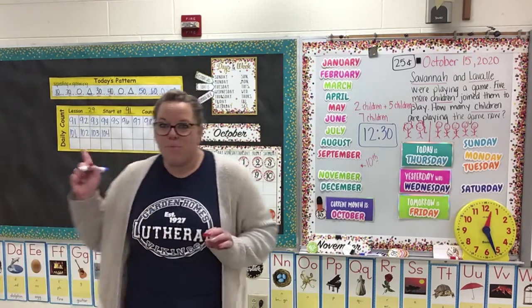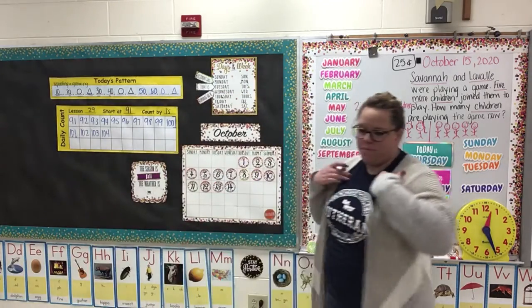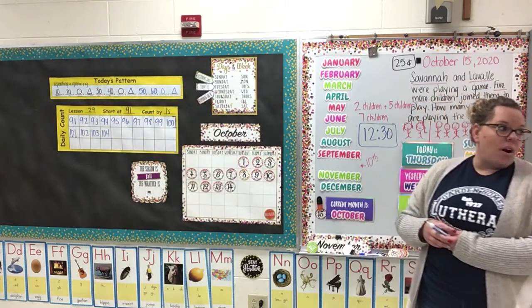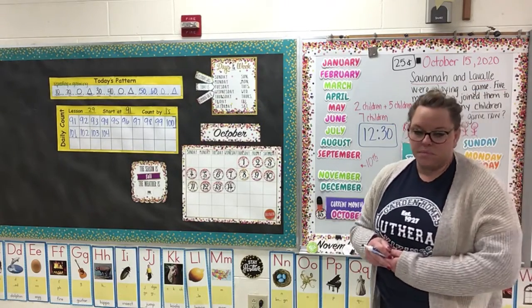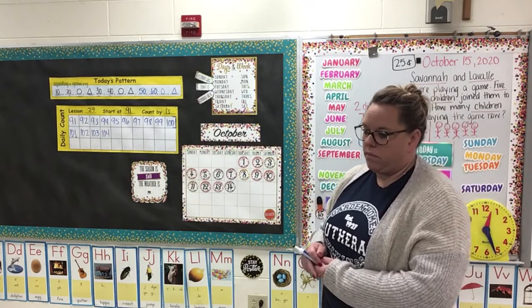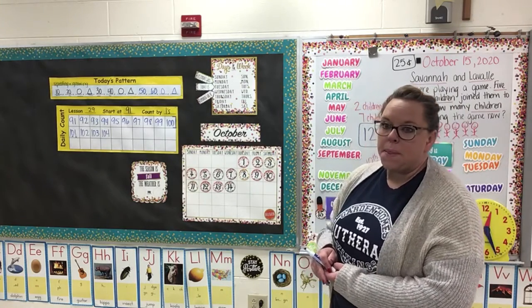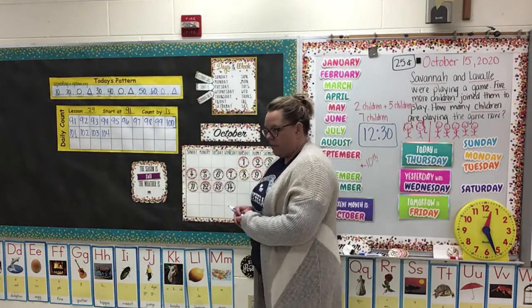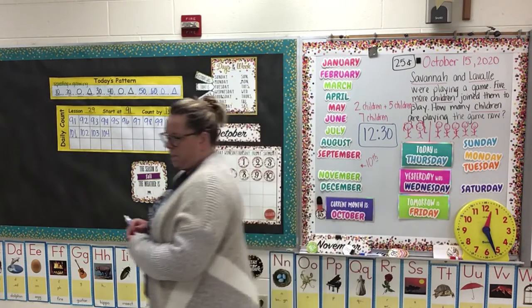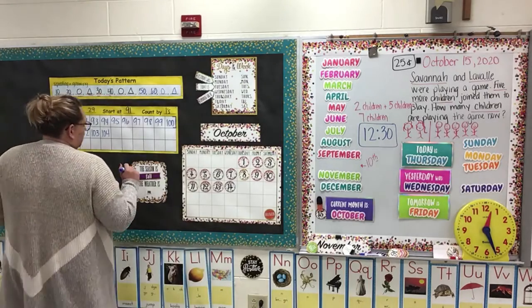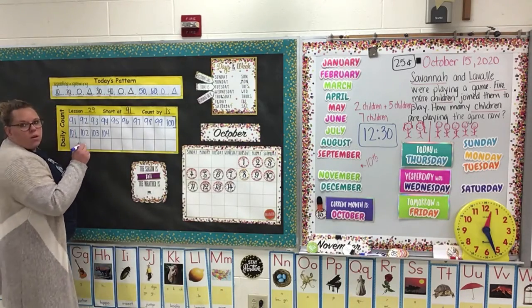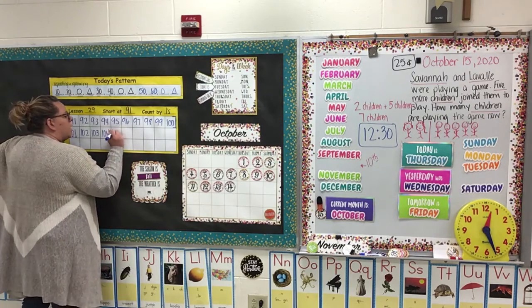You go ahead and keep writing in the rest of that row. What's going to come after 104? Yeah, I love your concentration, first grade. Way to go. Let's check it. 105.